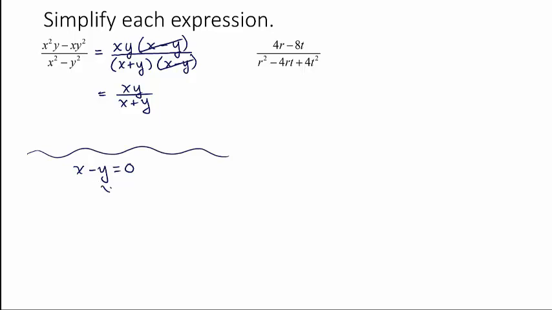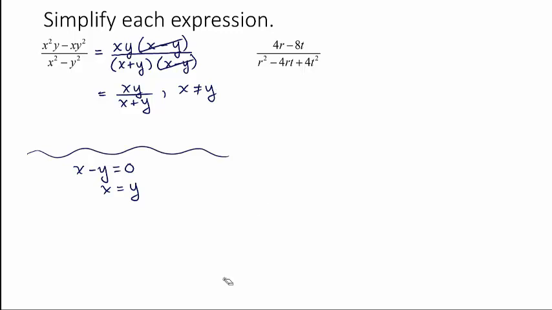If I add y to both sides, then x is equal to y. It makes good sense: if x and y are the same value and we're finding their difference, it's going to come to 0. So I would say up here as a domain restriction, x can't be y. If that's the case, then we're going to have some issues.